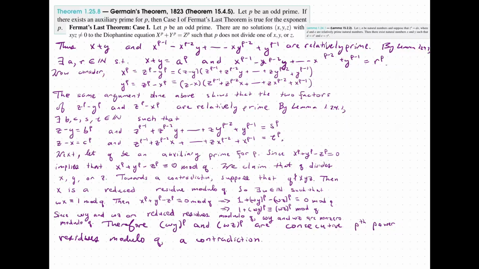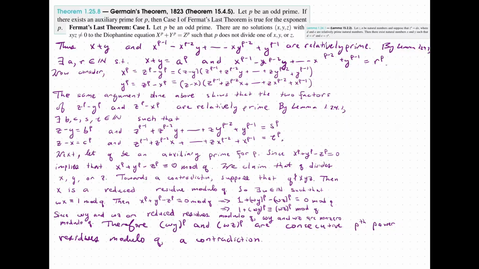And the key thing is, we're looking at this equation right here. We have 1, so we have wy to the p, that's a p-power residue. wz to the p, that's a p-power residue. They are both non-zero, wz and wy, but wz to the p is simply wy to the p, that p-power residue, plus 1. So we do get back consecutive p-power residues.